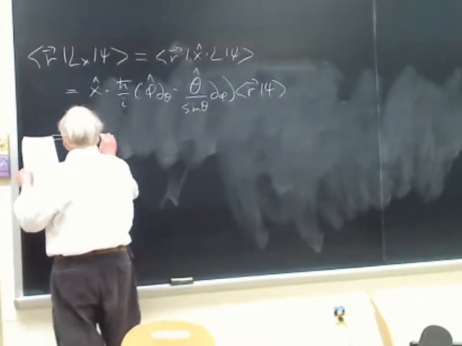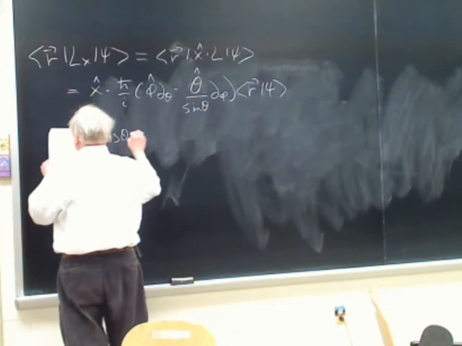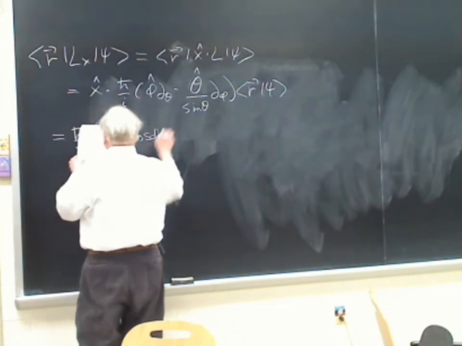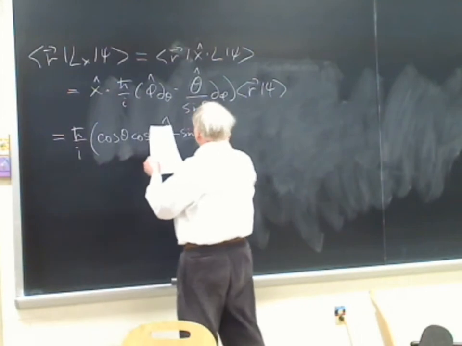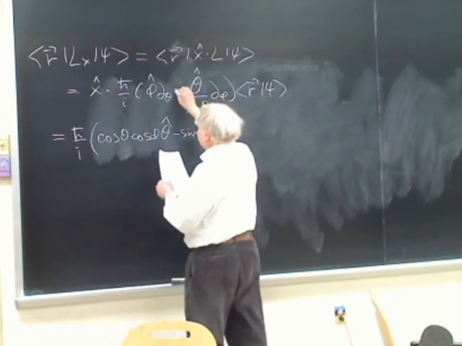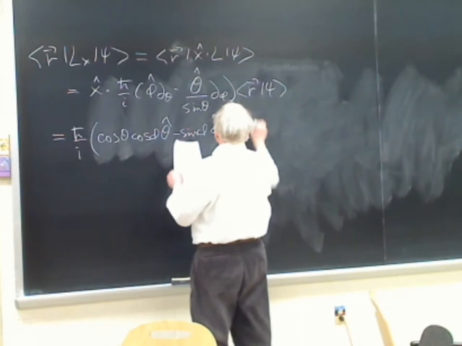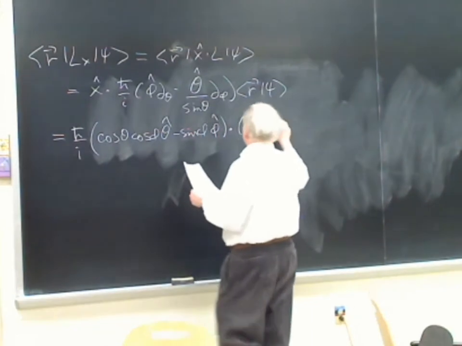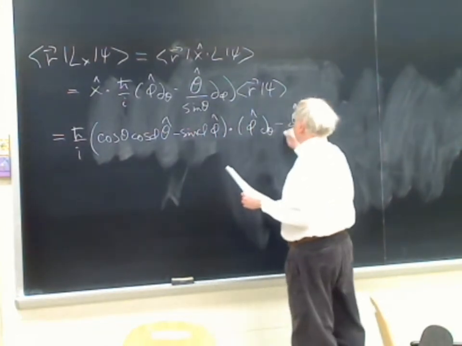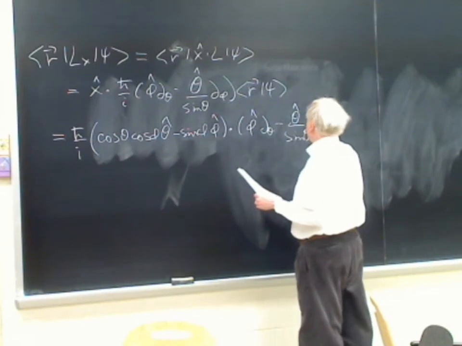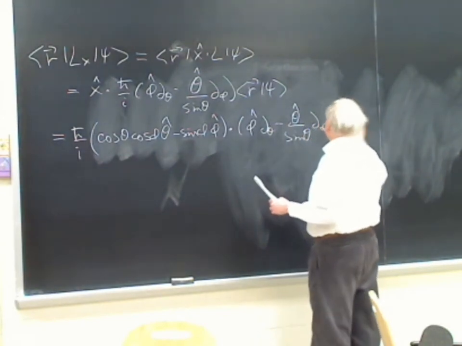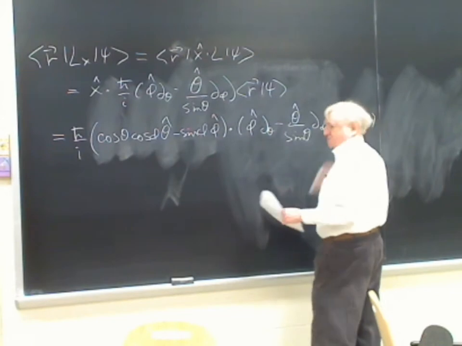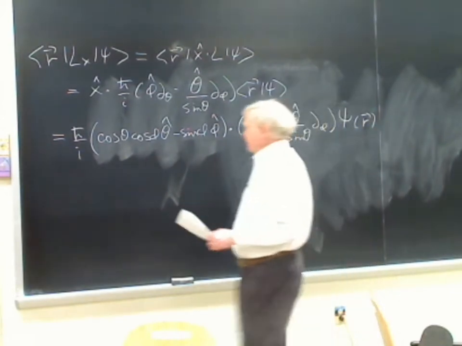So all I need here is cosine theta cosine phi theta hat minus sine phi phi hat, all that dotted into phi hat d theta minus theta hat over sine theta d phi, and we can call this psi of r just as well. It's a little bit easier to write.